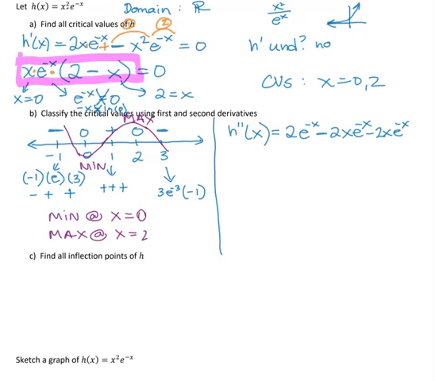And then I have a -x squared times the derivative of e to the -x, which is e to the -x times -1. So I'll make that a plus. And I actually get to combine just a little bit. So this is h double prime: 2e to the -x minus 4x e to the -x plus x squared e to the -x.